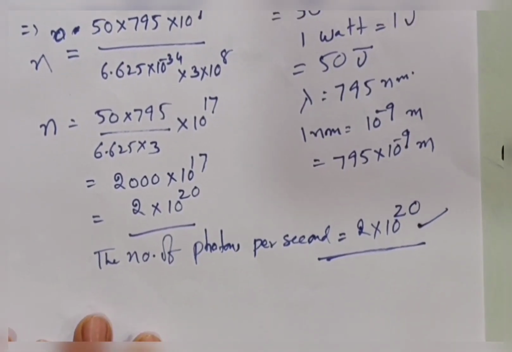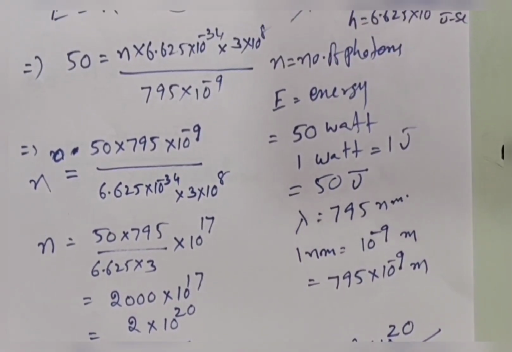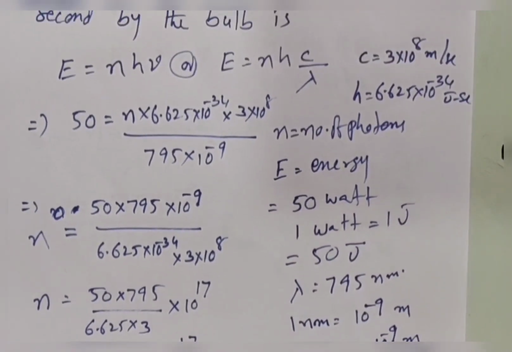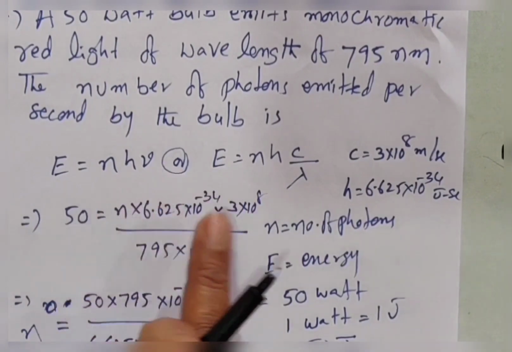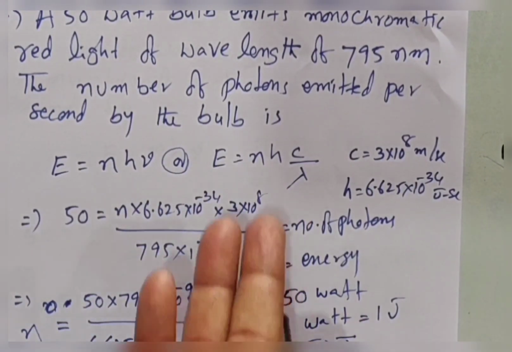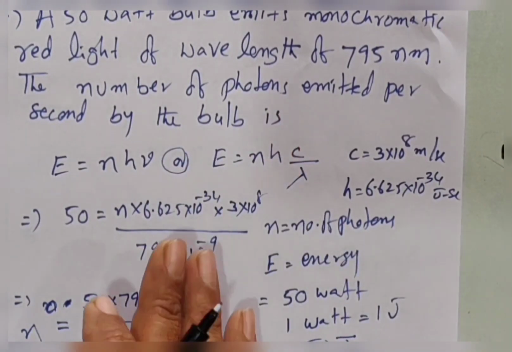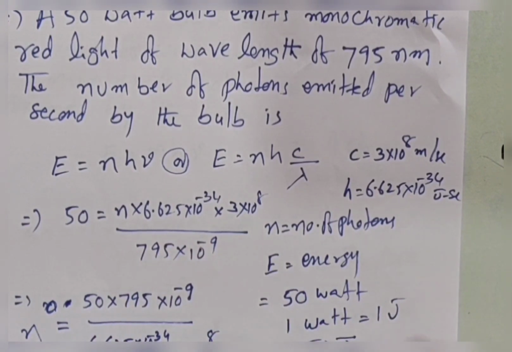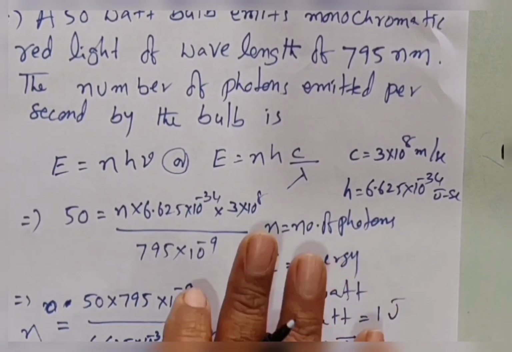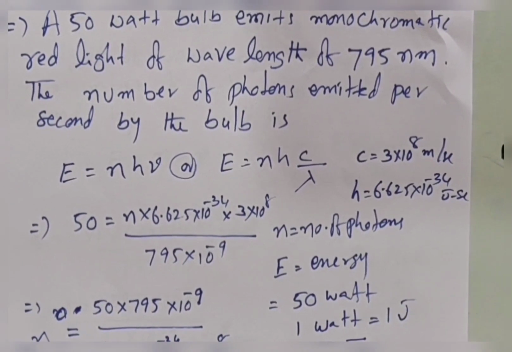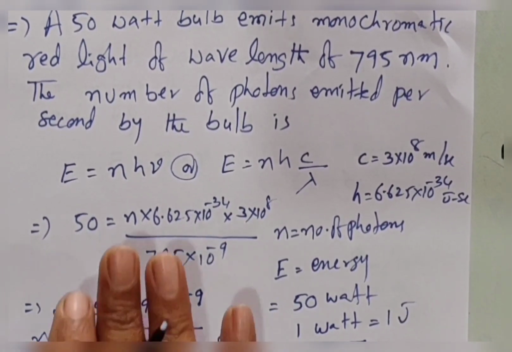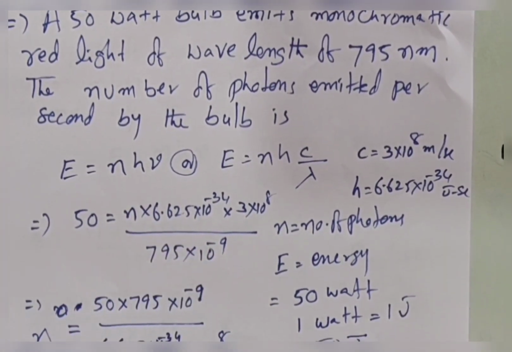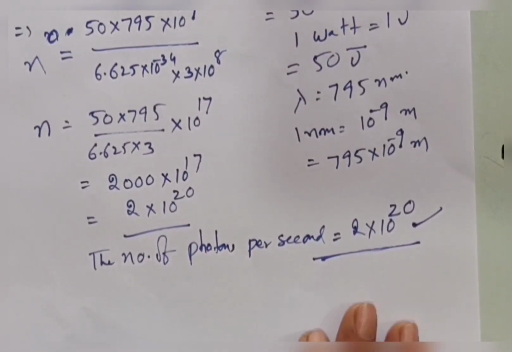So this is also very important and a very simple mathematical expression. So you have to remember these mathematical expressions. Then you have to substitute these values with the same units. You have to convert units into SI units. Right? Then you will get the correct answer.